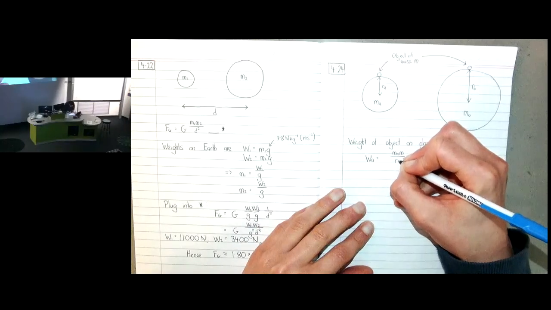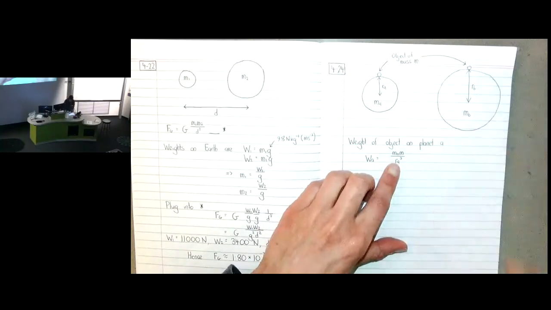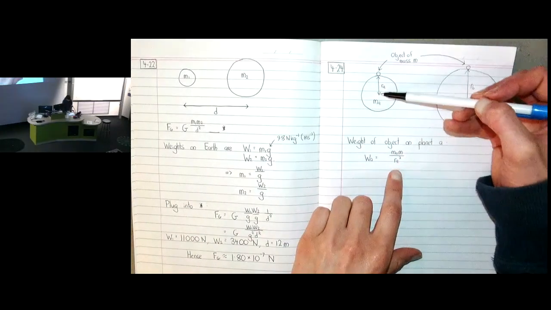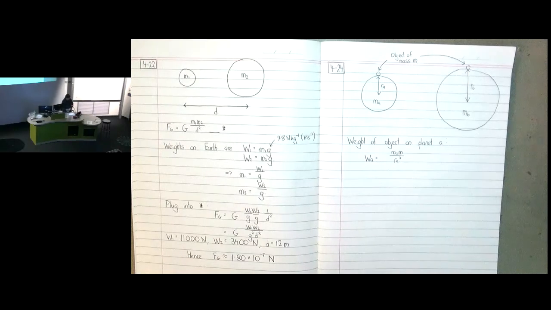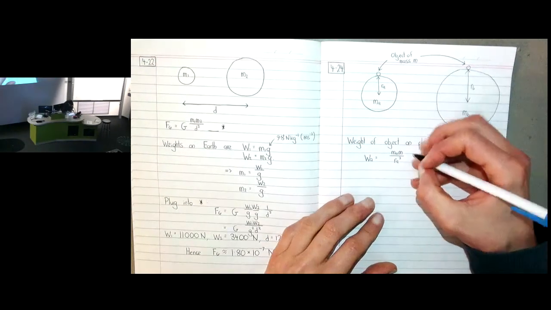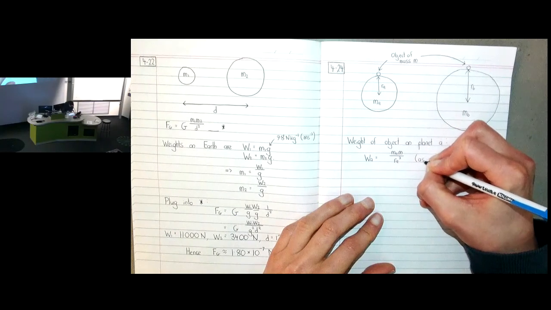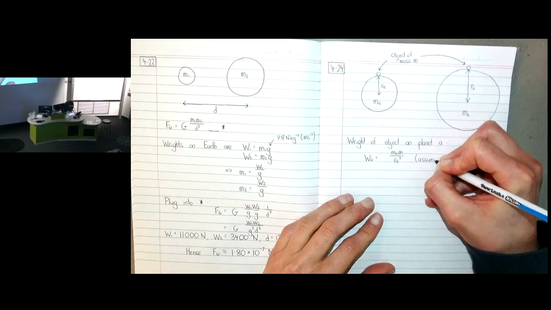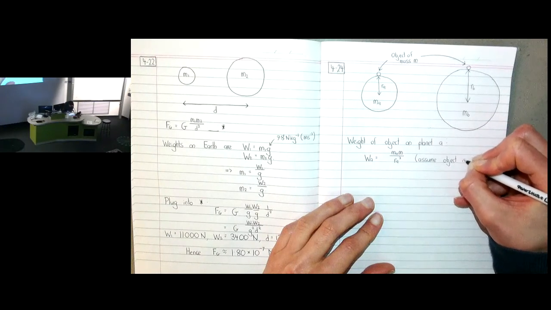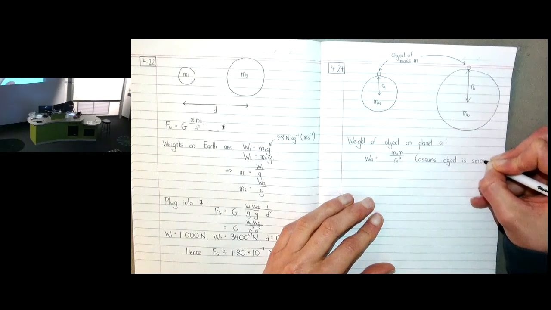Now in this case, usually because planets are so much bigger than any object sitting on them, the distance between the centres of these objects is approximately equal to the radius of the planet. So we should say, assume the object is small compared with the planet.